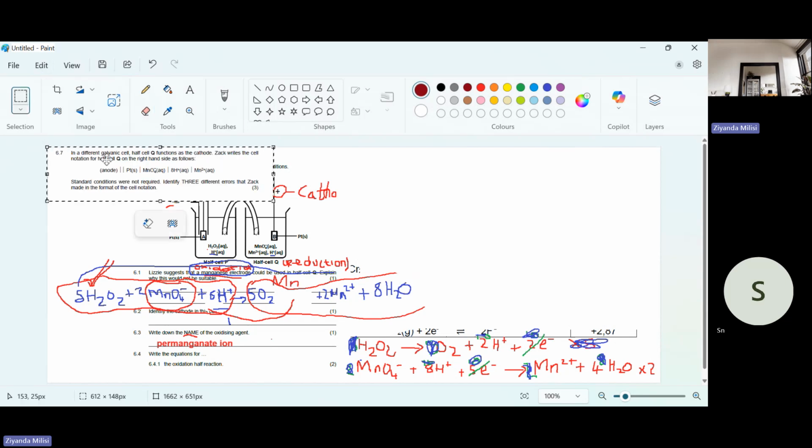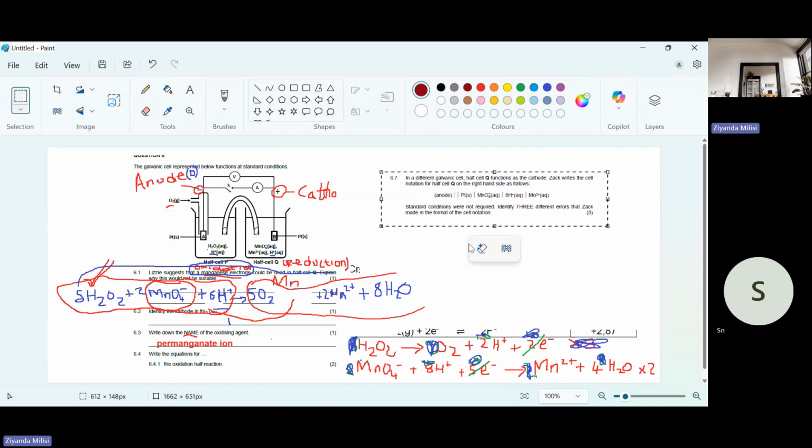It says in a different galvanic cell, half cell Q functions as the cathode. Zach writes the cell notation for the half cell Q on the right hand side as follows.